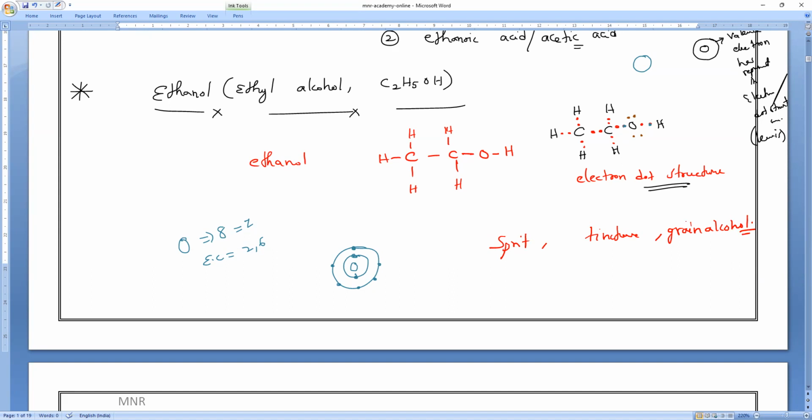Now, on a large scale, all of you remember, ethanol can be manufactured industrially from sugar molasses.